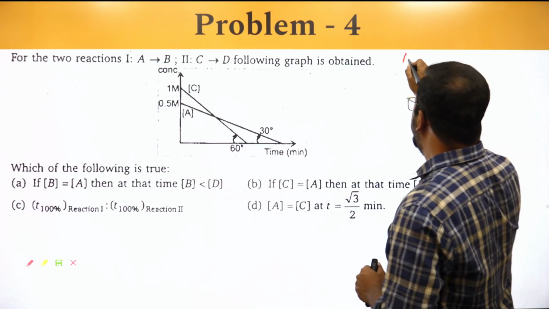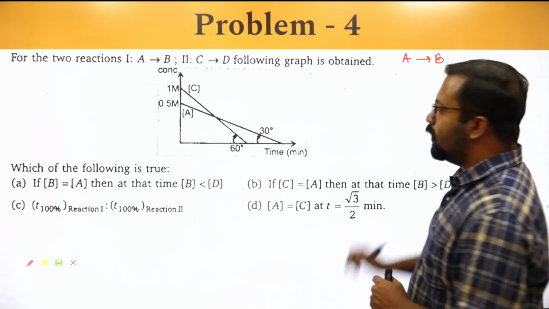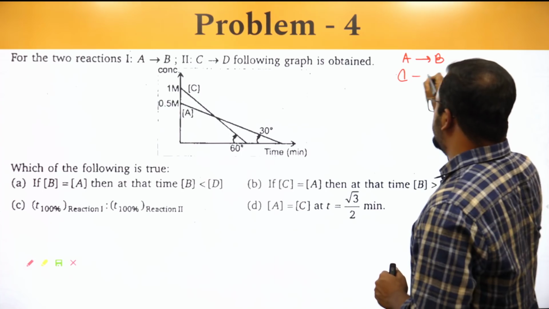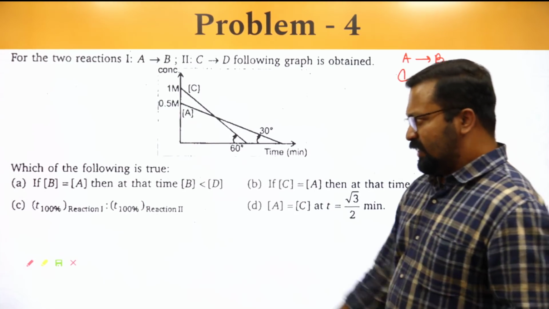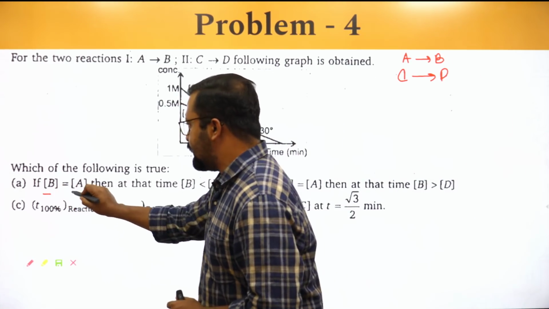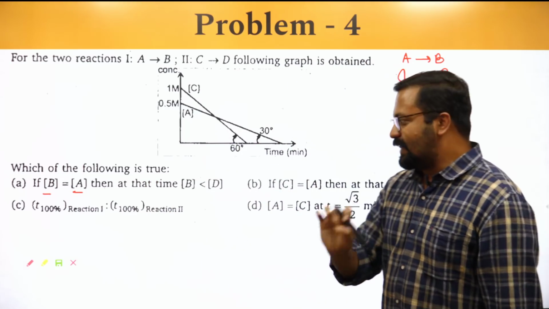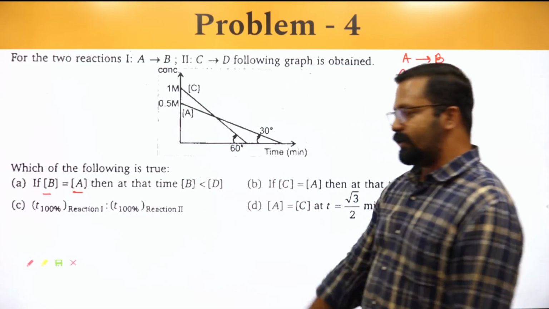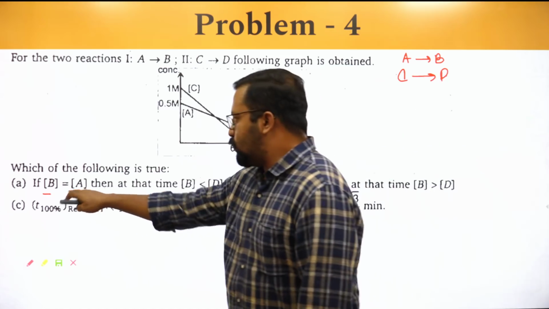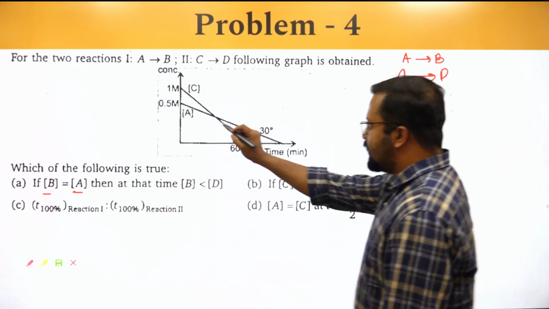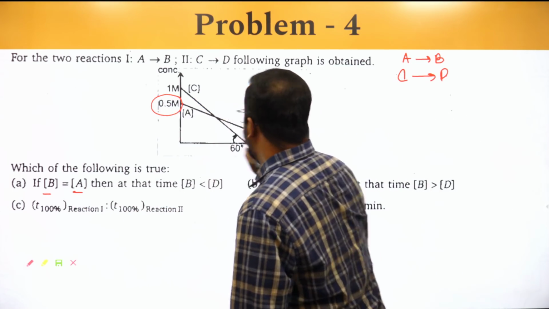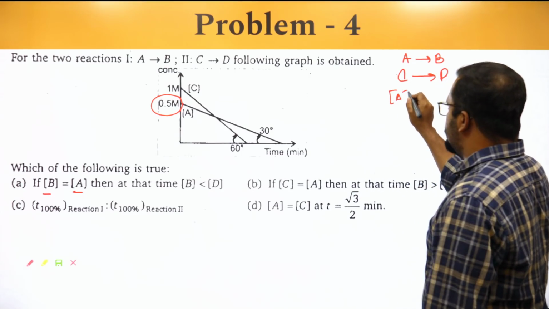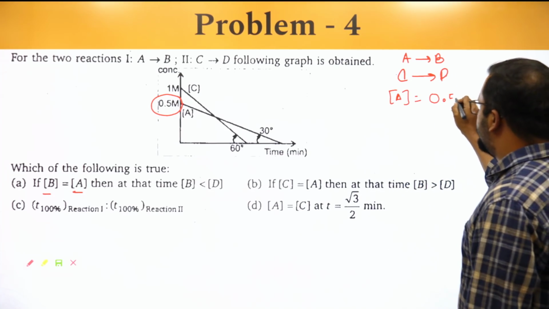A is turning into B, C is turning into D. The first statement is, if B is equal to A, then at that time B is less than D. Now what is the amount of A which has been taken? The amount of A initially is 0.5.